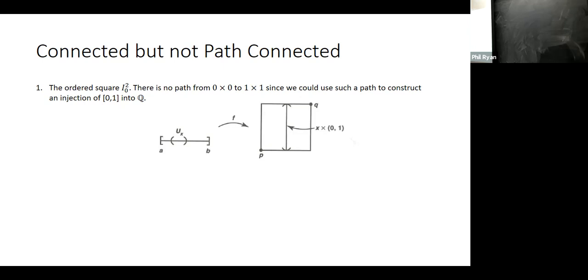So what does that mean? That means for each point in the interval here, we can assign it a different rational number. So that's an injection from some subset of the rational numbers.